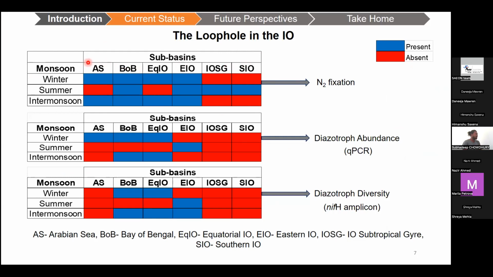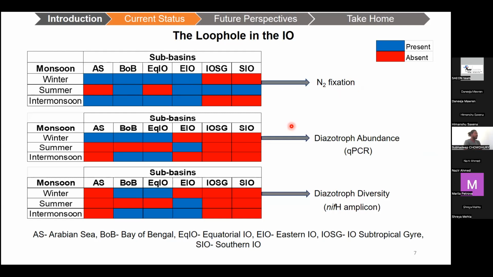In most of the subbasins, the Arabian Sea, Bay of Bengal, Equatorial, Eastern Indian Ocean, subtropical gyre, and Southern Indian Ocean, research is mostly focused on the northern areas, and only on the biogeochemical side, not the molecular perspective: who the different groups are, and how the biogeochemical conditions impact those organisms.